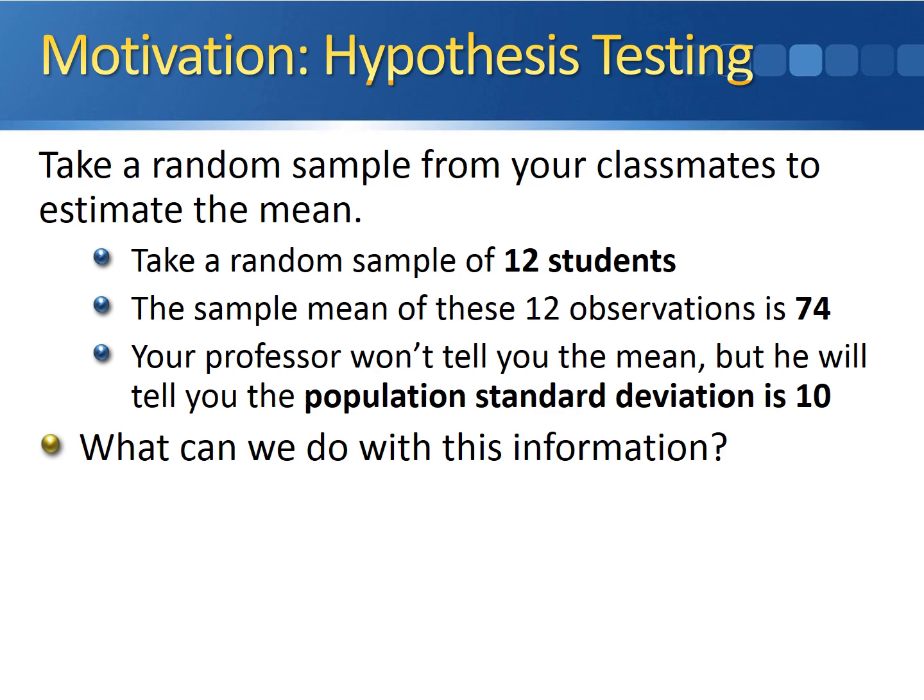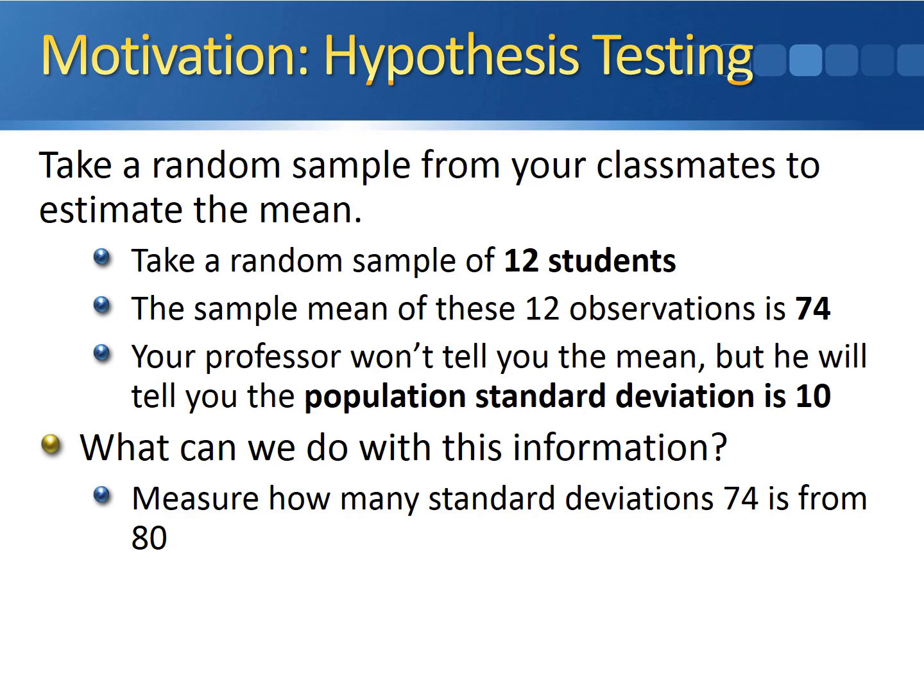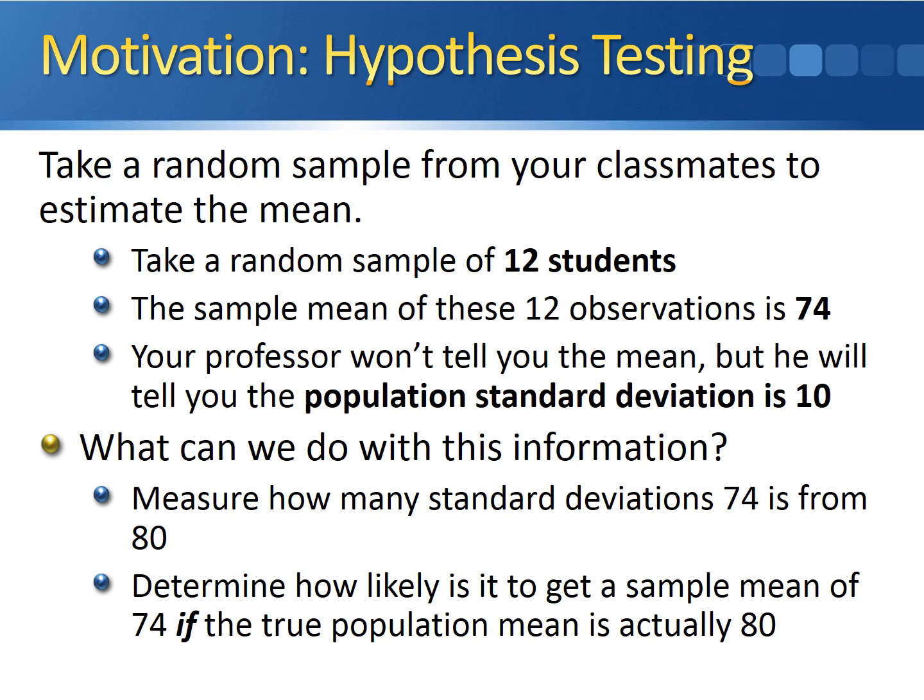Again, we have to assess what we can do with this information. The first thing we can do is measure how many standard deviations 74 is away from 80. How far away is our sample mean of 74 from our guess of 80? Once we have that, we can determine how likely it is that we would get a sample mean of 74 if the true population mean is actually 80.